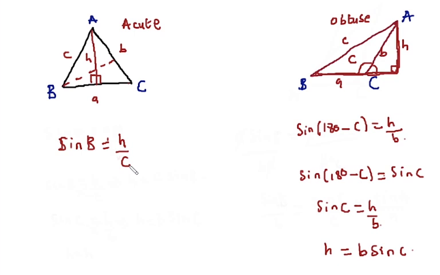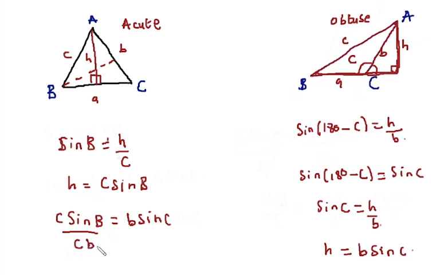If we cross multiply from here, we have H is equal to c sine B. Same as we did before, we can equate the values of H to each other. So c sine B is equal to b sine C. You can divide both sides by cb.